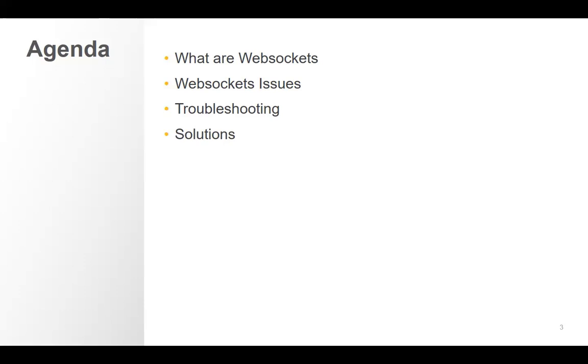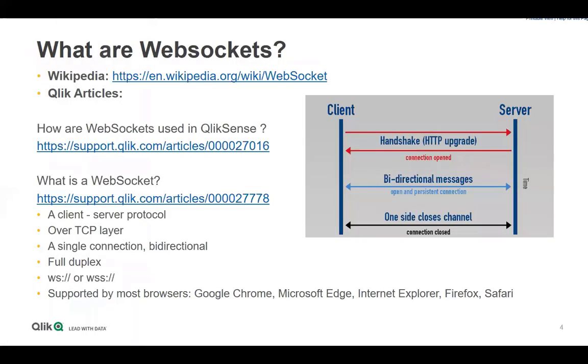Okay, let's begin. So WebSocket is a communication protocol over the TCP layer between a client web browser and the server. It provides a full duplex channel over a single connection. So the data can be transmitted in both directions in a single carrier at the same time. When a WebSocket connection is initializing, the client sends a WebSocket handshake request with HTTP protocol.